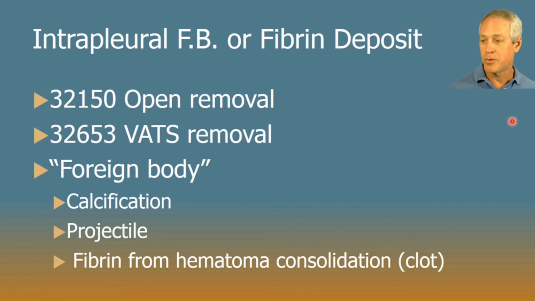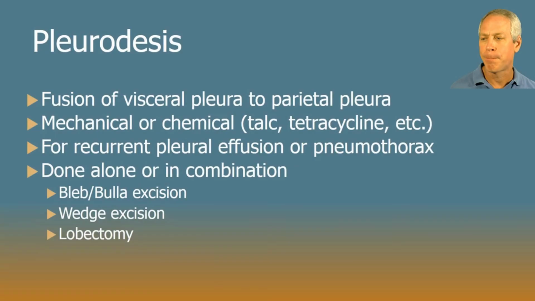And there's straightforward open and VATS approach. And these so-called foreign bodies could be a number of things. It could be the fibrin. It could be a calcification, which would be almost further evolution of the fibrin into just mineral. Could be a bullet, piece of shrapnel, something like that. Or again, the fibrin from the hematoma consolidation too. So that's pretty straightforward when you see what's going on there.